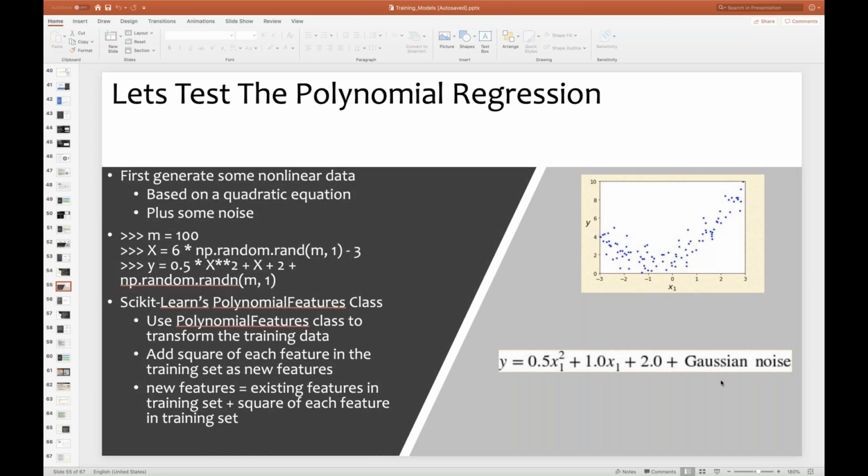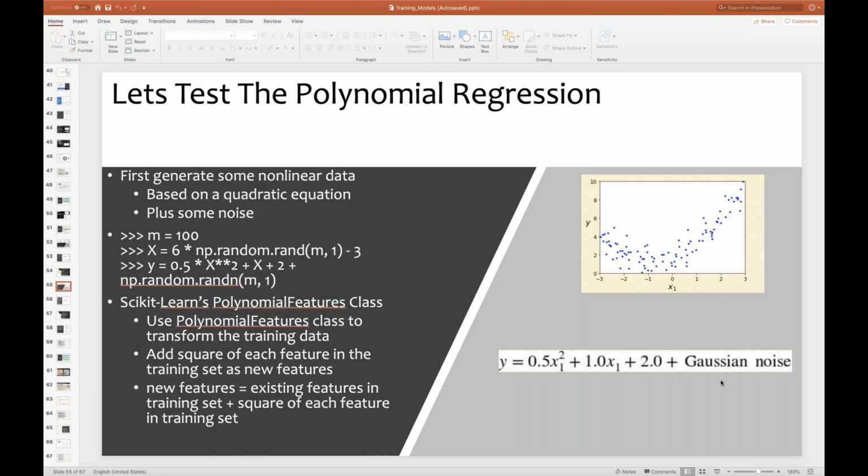Does everyone in this class know what np.random.rand is? np is numpy, dot random is a module, dot rand is a function, m comma 1 is nothing but take from 1 to 100 and get me the random data. Minus 3. Minus 3 is again telling my features to use random permutations and combinations and give me the data.